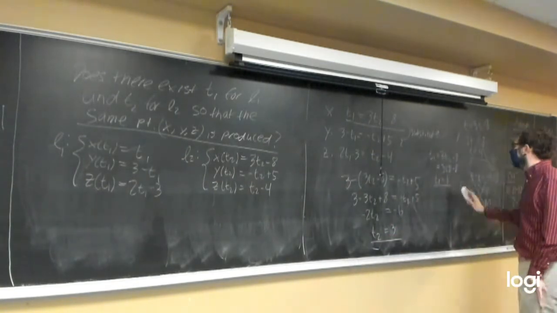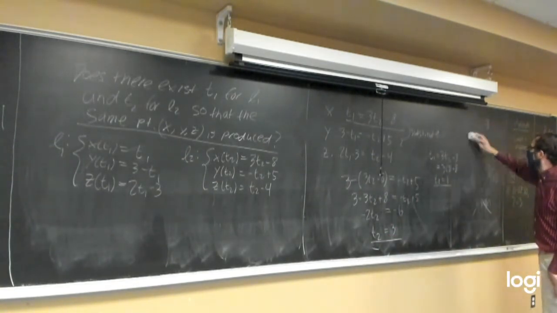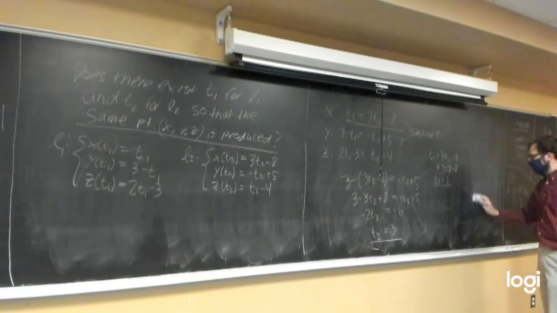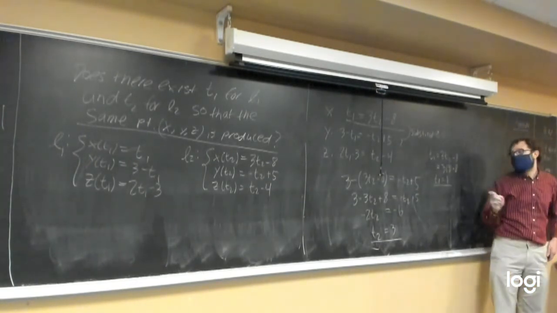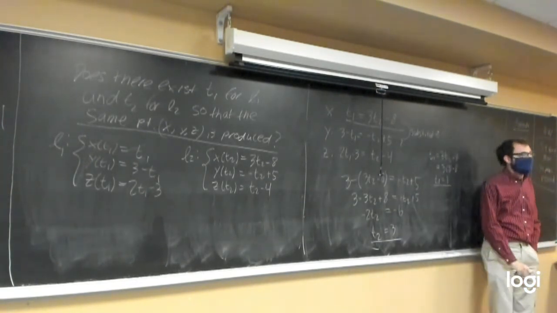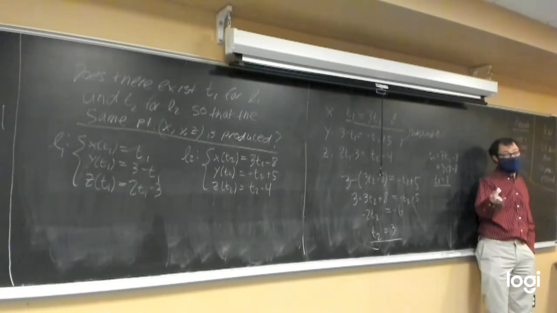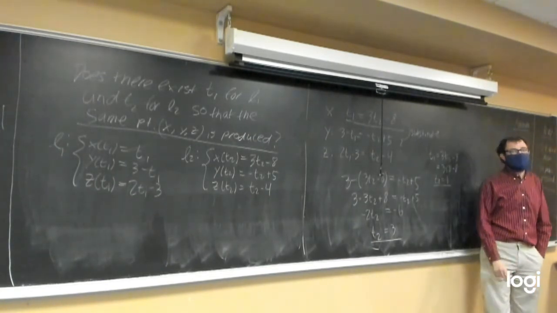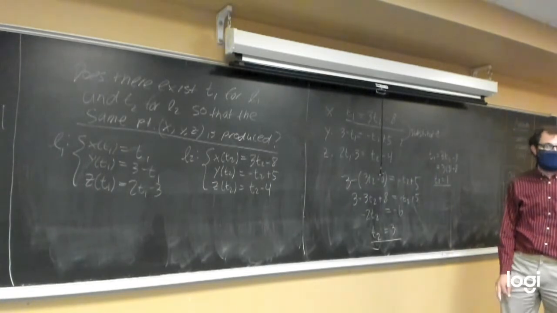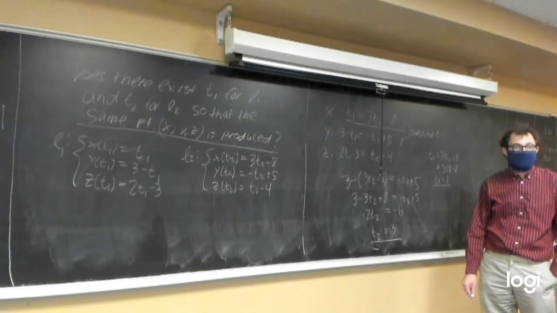So we have a value of t1 and a value of t2. Do we know that this t1 and this t2 satisfy the x, y, and z equations? I mean, we just have to plug them back in and make sure.